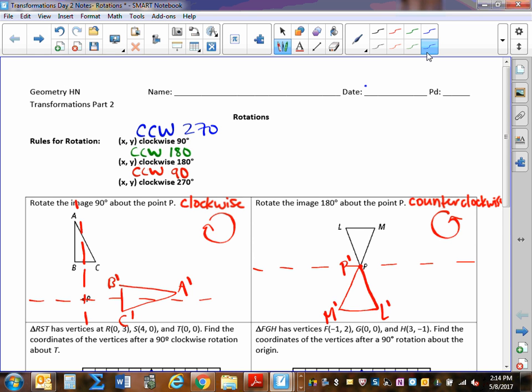So again, going clockwise 90 degrees or counterclockwise 270, we said that we switch them and negate the right side. Is that what we wrote? It is. And then clockwise 180, what do we do?